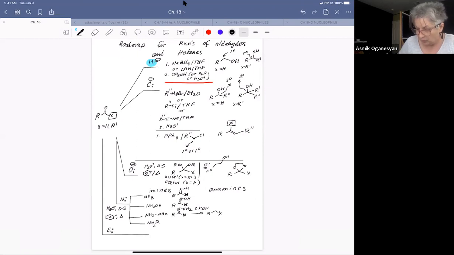And finally, when we have a primary amine, geometry should be trans for larger groups. For enamines, your source of nitrogen is a secondary amine.